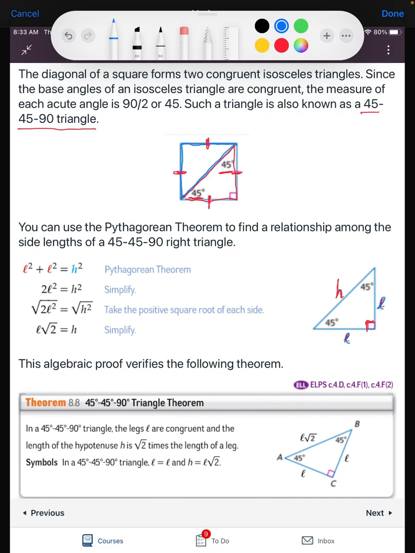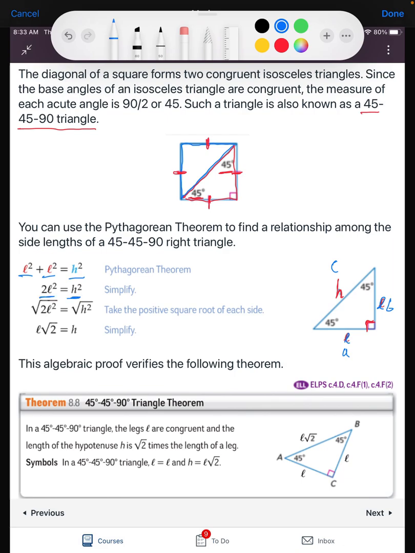The Pythagorean theorem says that a squared plus b squared equals c squared. Our legs are the a and b, and our hypotenuse is our c. So we'll say L squared plus L squared equals h squared. Combining like terms, we get 2L squared equals h squared.